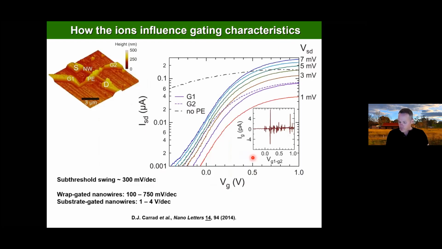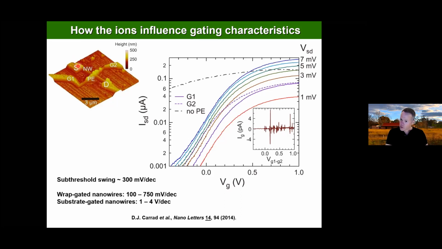So just to demonstrate where you can go with this, this is now a nanowire transistor. We're using AFM rather than scanning electron microscopy to image this, simply because the polymer electrolyte now charges up and makes it difficult to get imaging under SEM.